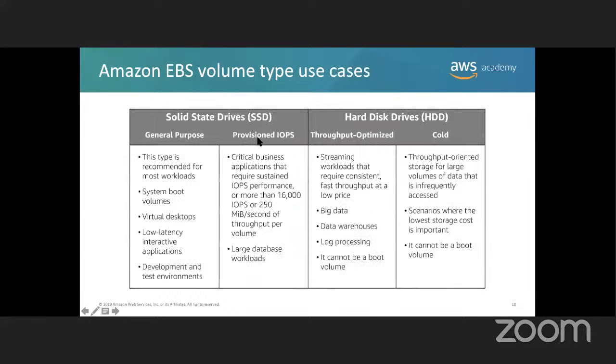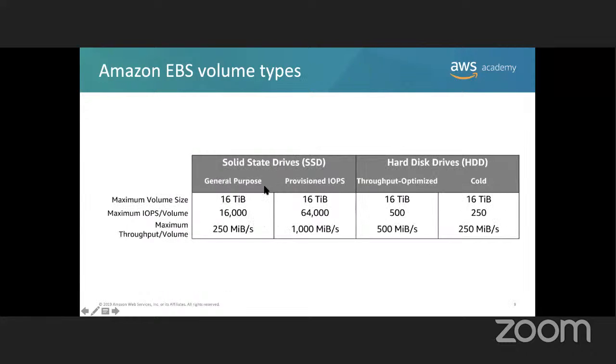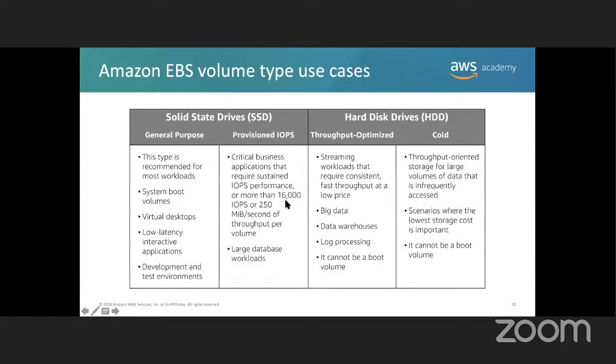Okay, provisioning IOPS. Well, this is a little more high-end volume type, right? It's used for critical business applications, applications that need a lot of throughput, a lot of provisioned IOPS, that requires sustained IOPS performance or more than 16,000. Remember that this guy is up to 64,000, okay?